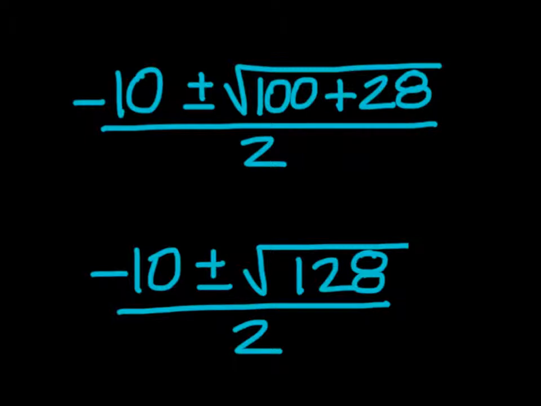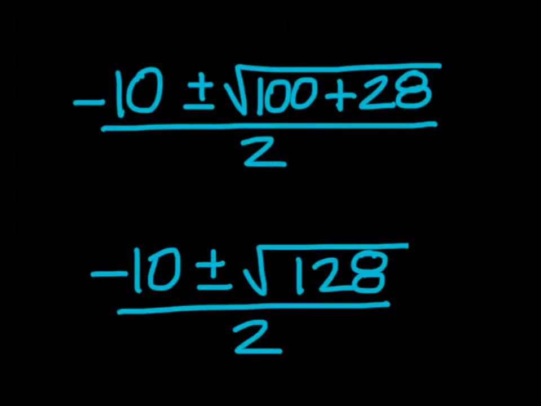Now, if this were just a normal problem in which we were solving, just for the sake of using the quadratic formula, then we could leave it like that. But we're graphing this, and we have to find the x-intercepts. So we have to work it all the way out. You have to do -10 plus the square root of 128 and come up with an answer and divide it by 2.